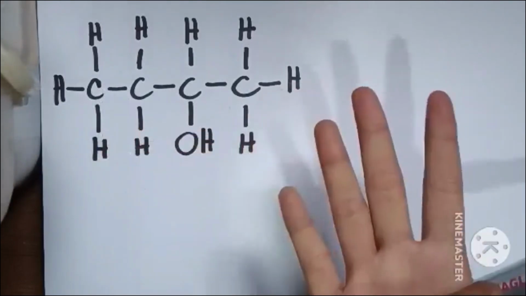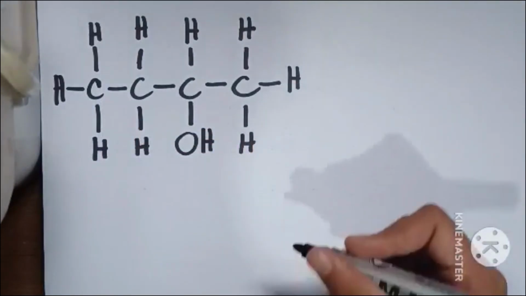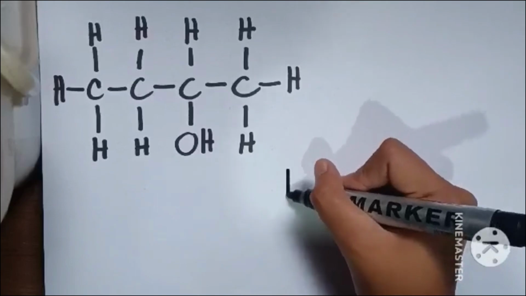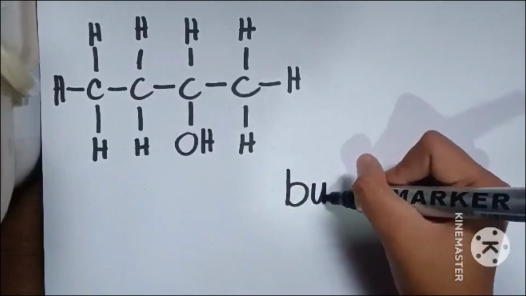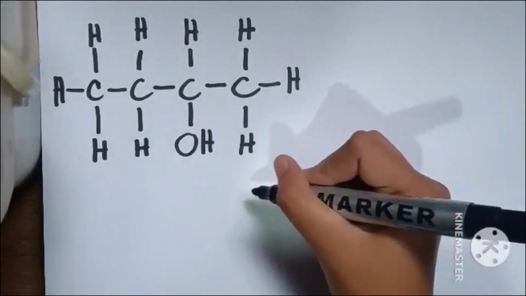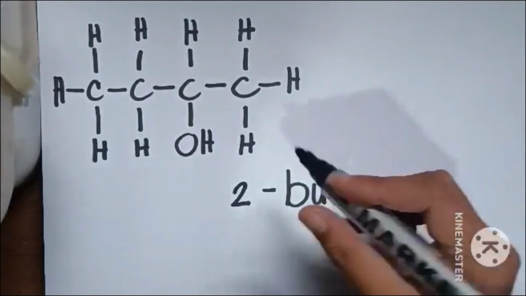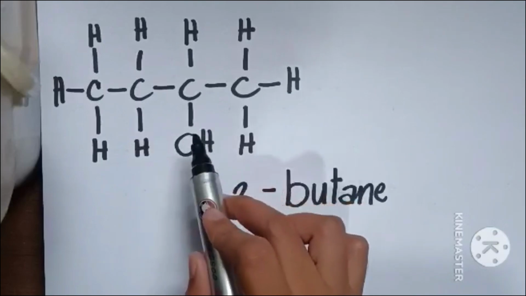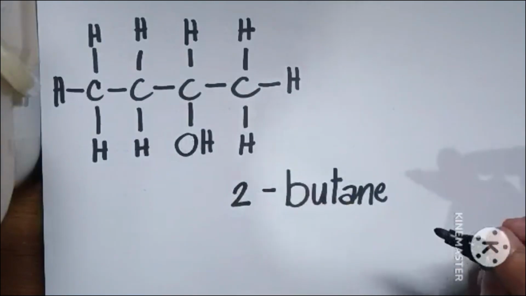Since it has 4 carbons, we name it butane, 2-butane since the alcohol is located in the second carbon.